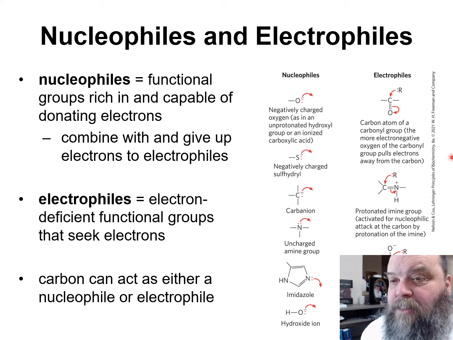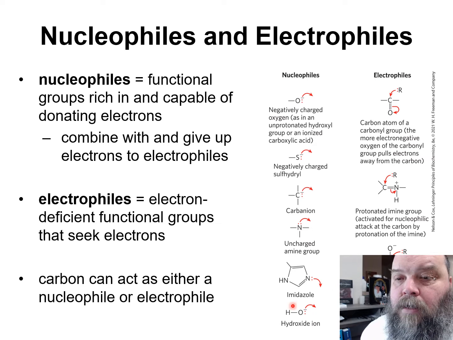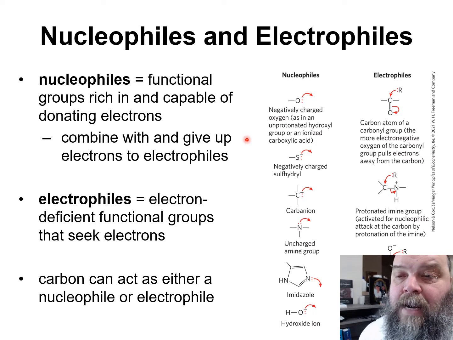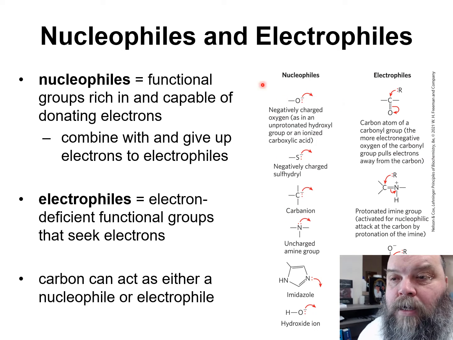But for those bonds to be broken, for things to be shifted, there's going to need to be some changes in where the electrons are. Who's got them? Where's it coming from? If an atom in a molecule is readily available to give up an electron, we refer to this as being a nucleophile.